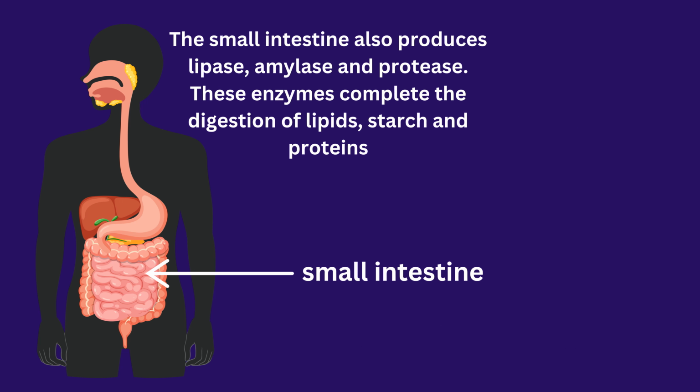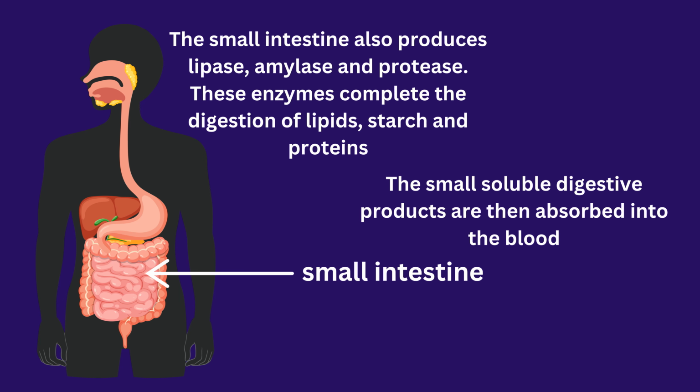The small intestine also produces lipase, amylase, and protease. These enzymes complete the digestion of lipids, starch, and proteins. The small soluble digestive products are then absorbed into the blood.